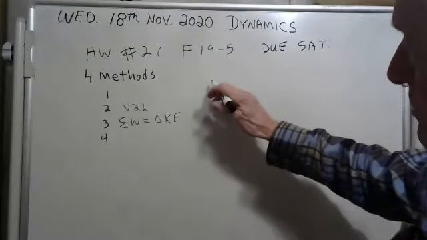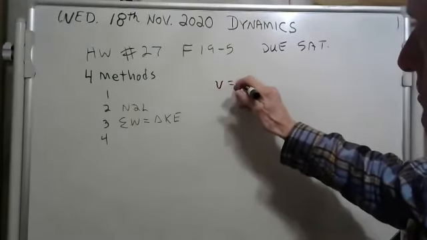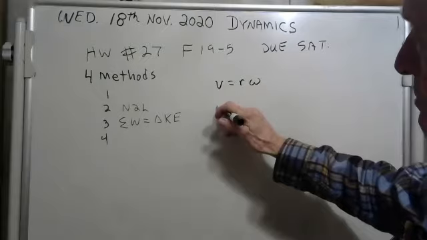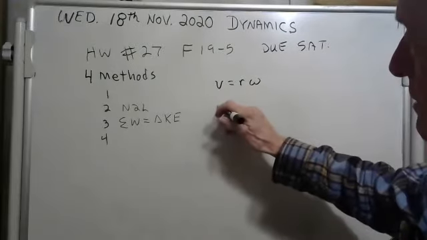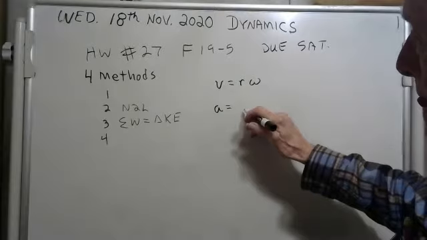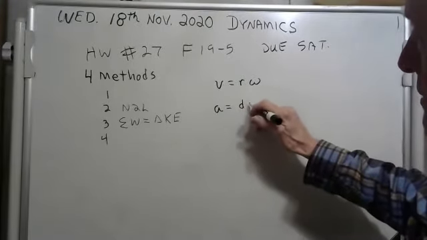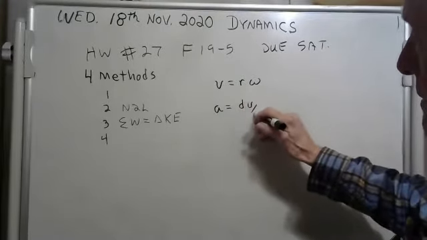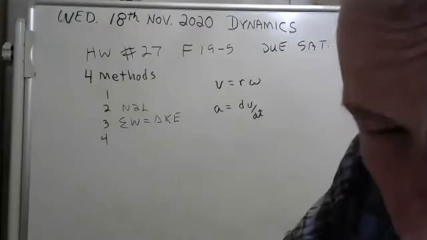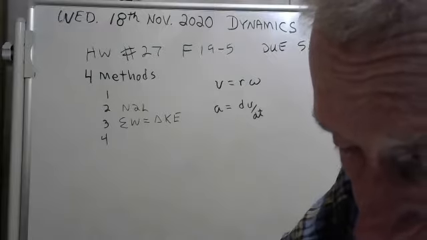Stuart, there's a whole bunch of equations kind of like this. v equals r omega. a equals something, I don't remember what. Well, this will do it. There's just a whole pile. What do they call that method, Stuart, where you use those equations?